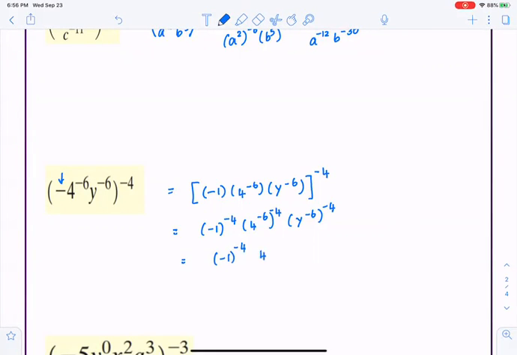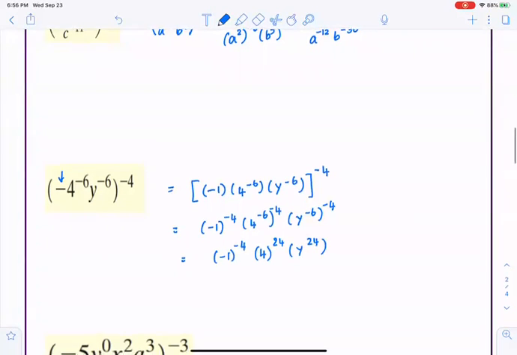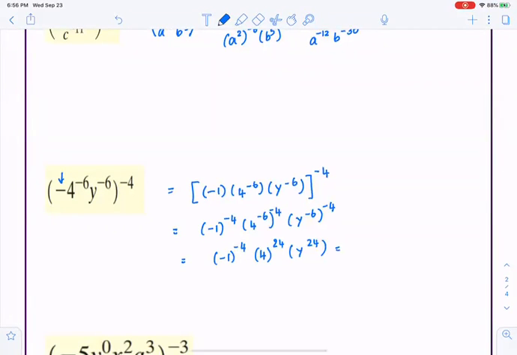Multiply the powers, we have 4 raised 24, and y raised 24. Not divided yet. The only thing that has a negative exponent is that term, so I can move that to the denominator.